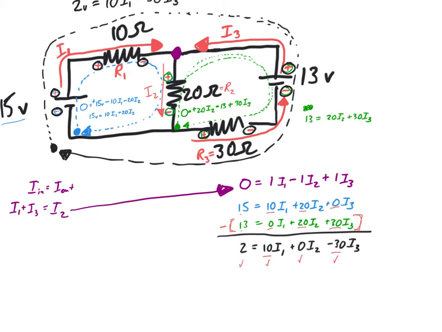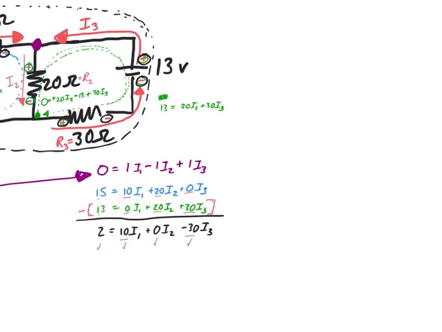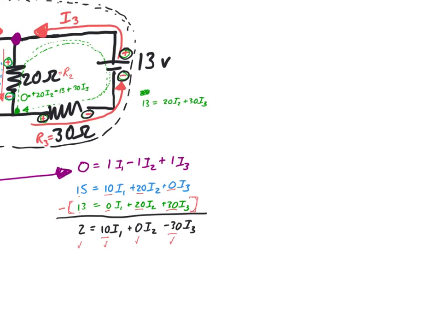What's the result? I'm not going to do the algebra again. Instead, I'm going to use my calculator. And in the calculator, I'm going to have the voltage matrix be 0, 15, 13.